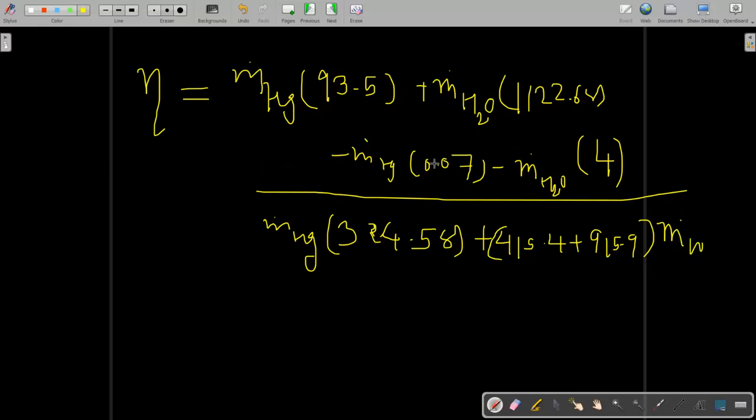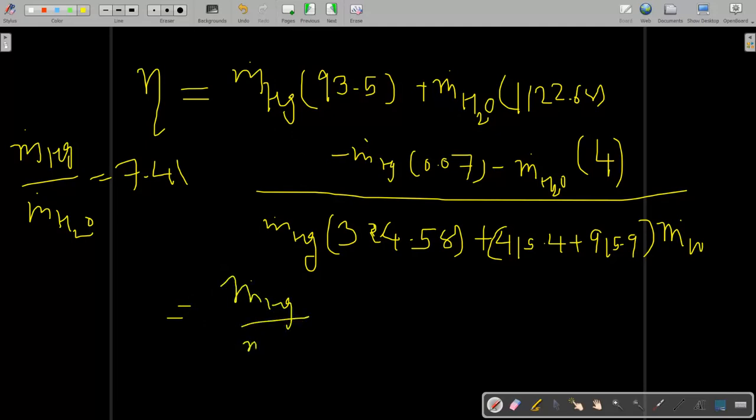When you solve this, we have the ratio of mass flow of Hg upon mass flow of H2O as 7.41. So when you take mass of H2O as common, mass of Hg upon mass of H2O, and subtract this value, you will get 93.43 plus 1118.68.